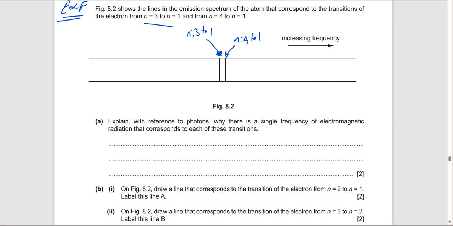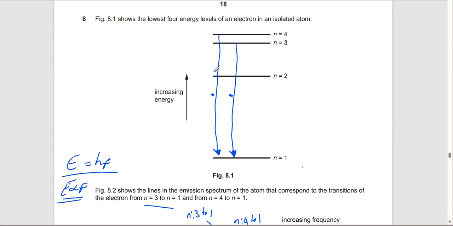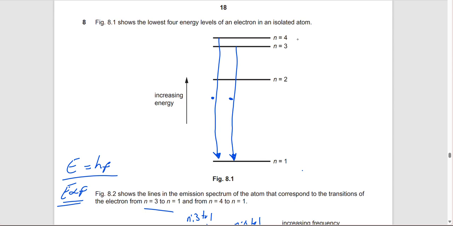A. Explain with reference to photons why there's a single frequency of electromagnetic radiation that corresponds to each of these transitions. Okay, so the reason is the fact that energy levels are discrete. Discrete, not continuous. That means that the difference between any of these energy levels is only one value.